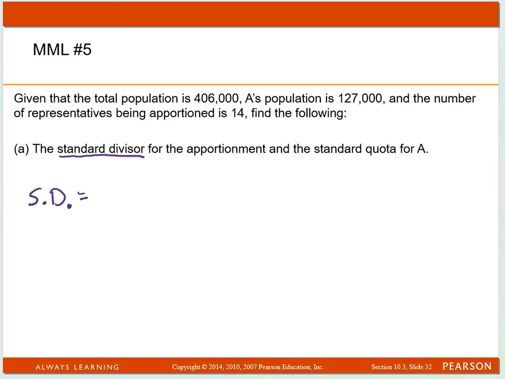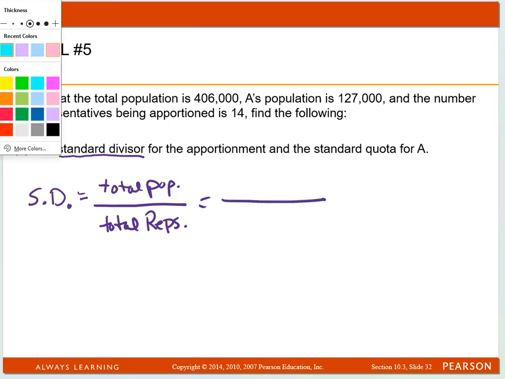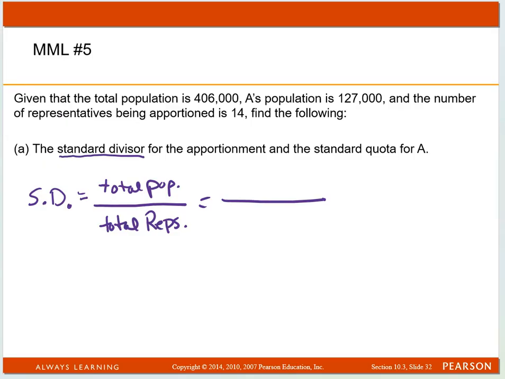And remember, to find the standard divisor, you are going to take the total population and divide it by the total reps being apportioned. The total population is 406,000.